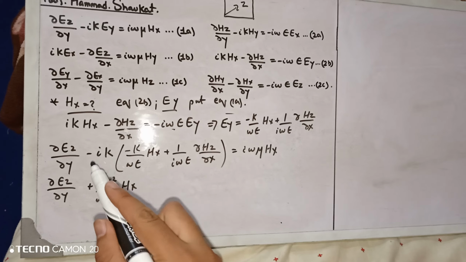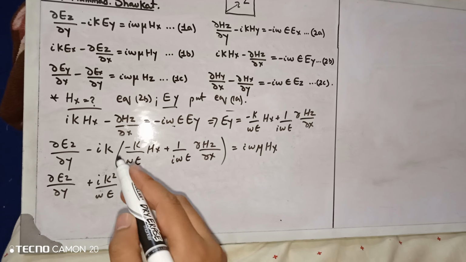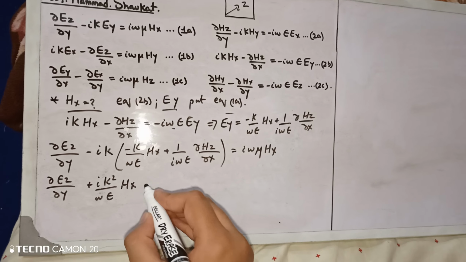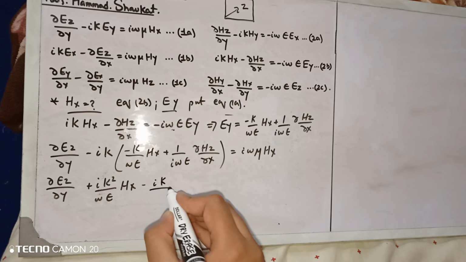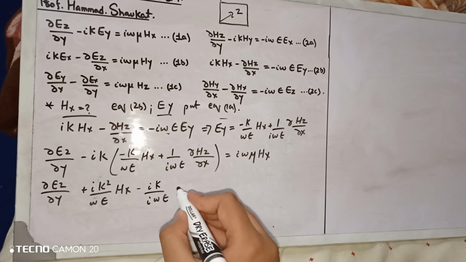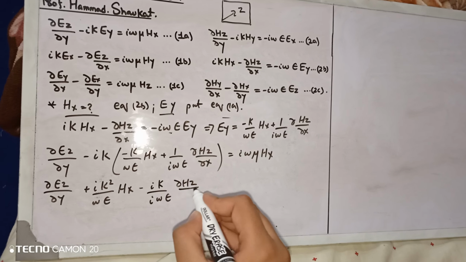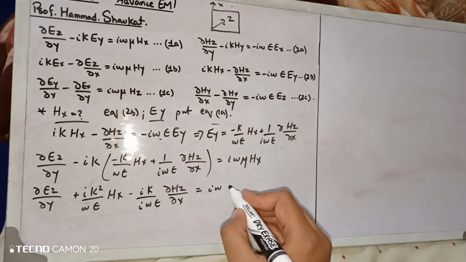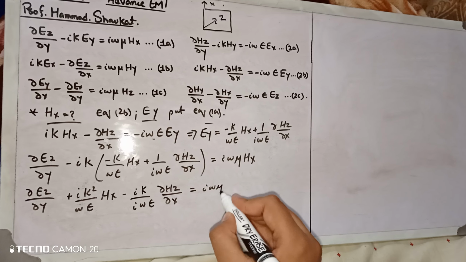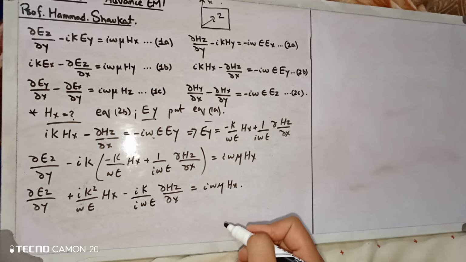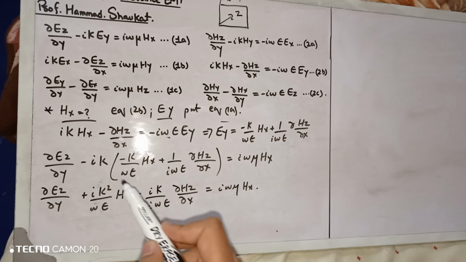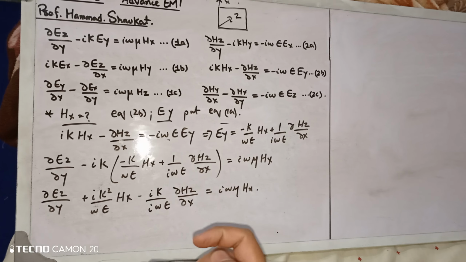Because minus minus becomes plus, and k multiplied by k becomes k², and minus ik divided by iωε ∂Hz/∂x becomes equal to iωμ Hx, because this multiplied by this becomes minus i, and here is also.